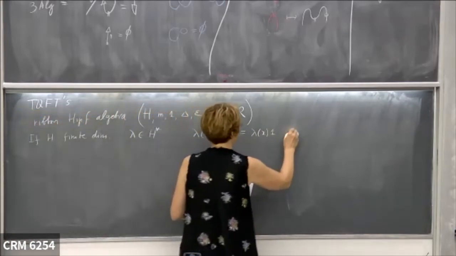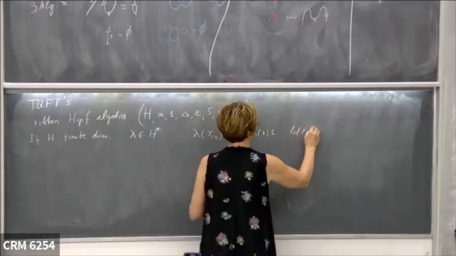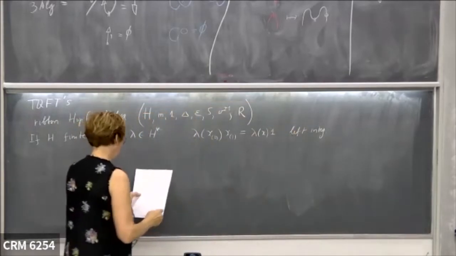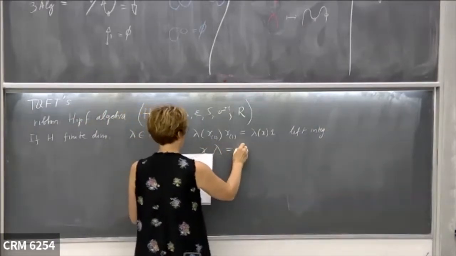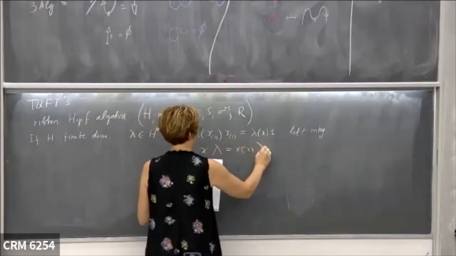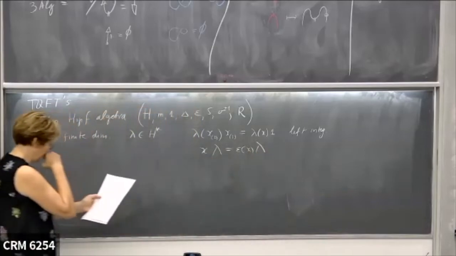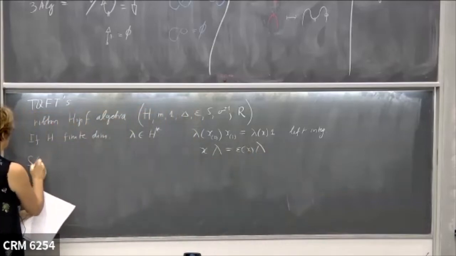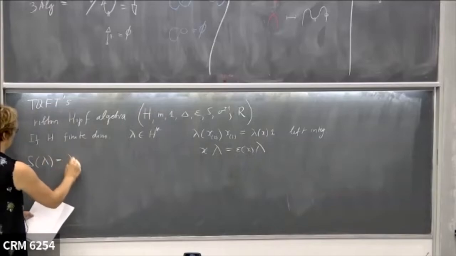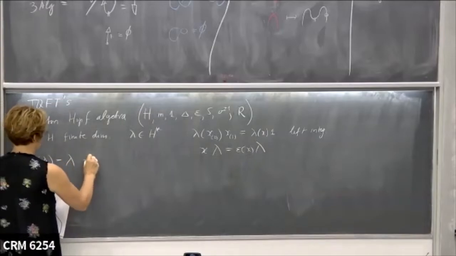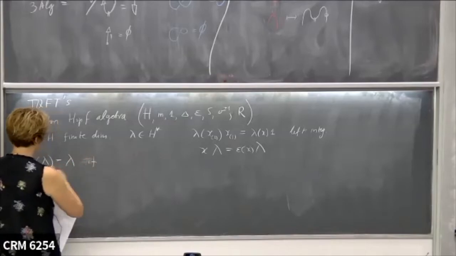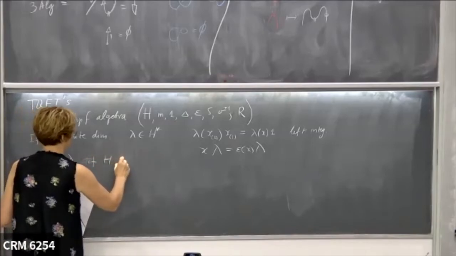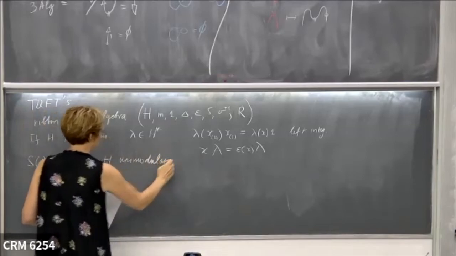However, this left integral need not be right, and you will also have a left co-integral with the property. So this is just a dual property, and usually this condition holds if. So this is the defining condition for a unimodular Hopf algebra.